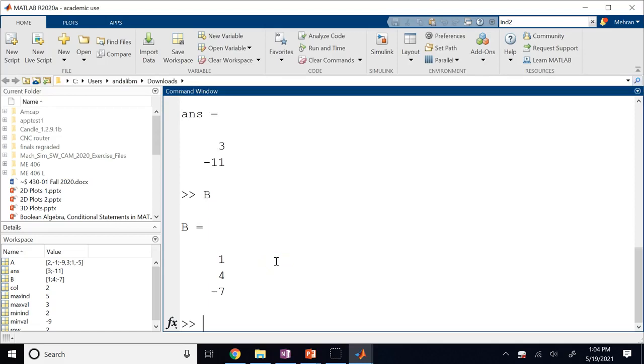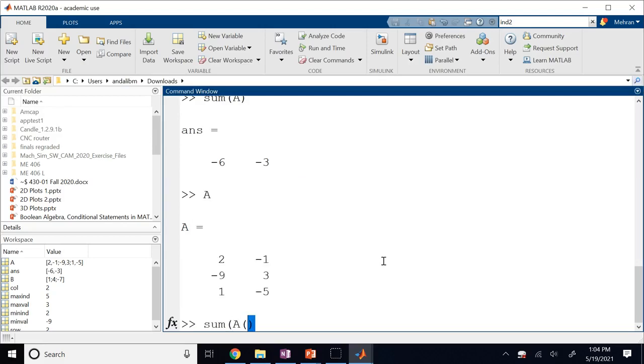Now you might wonder what happens if you apply any of these to a matrix. So what happens if I say sum of A? Look at A, and what is sum of A? Again, it is acting column-wise. It's adding all the numbers in the first column. It is adding all the numbers in the second column. So what if you want the sum of all numbers in A, all of them?